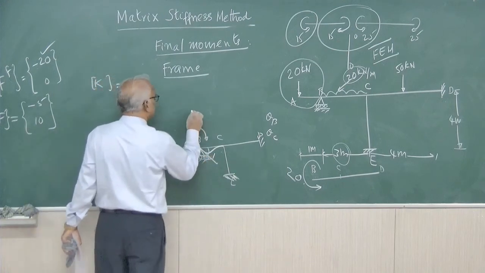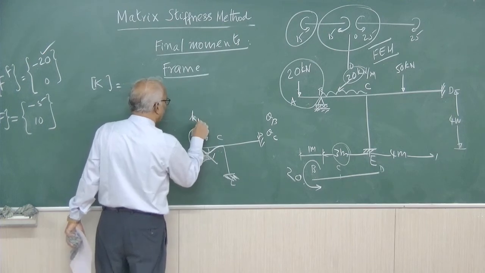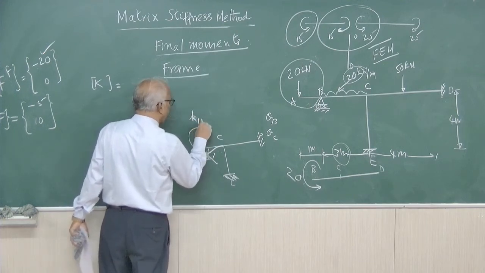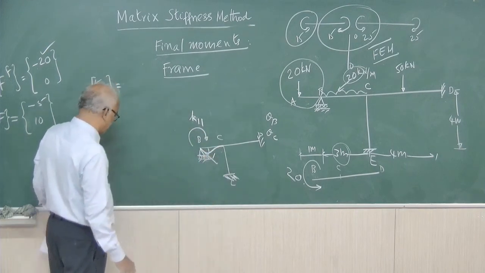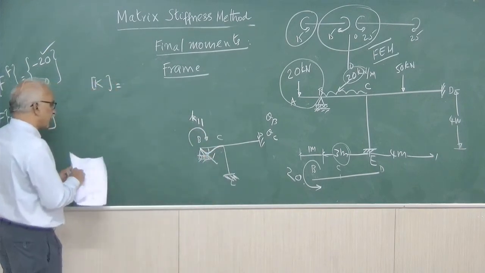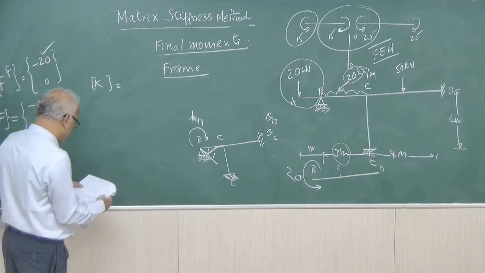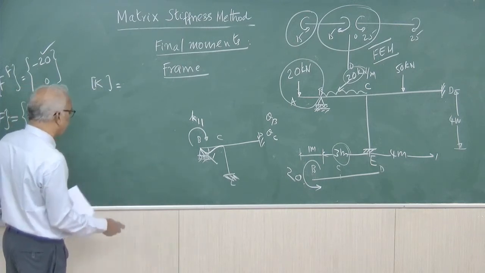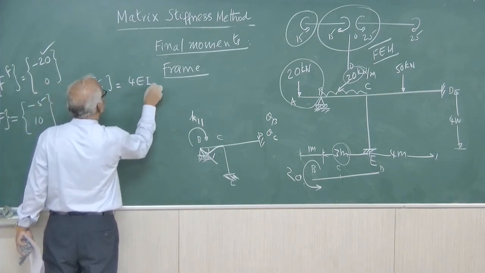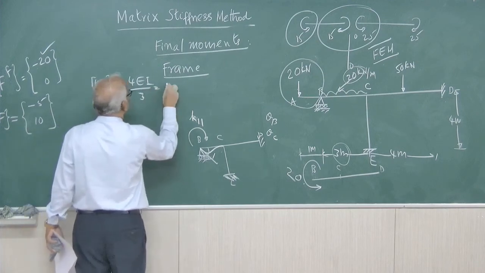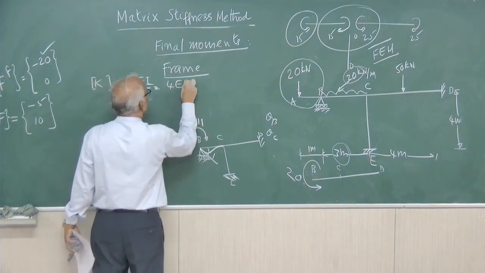So, we have to get the value of the force at coordinate 1 due to unit displacement at coordinate 1. So, this is equal to 4EI by L1, let us say. L1 equal to 3 meters, for the beam it is equal to 3 meters. So, K11 equal to 4EI by L equal to 4EI by 3.